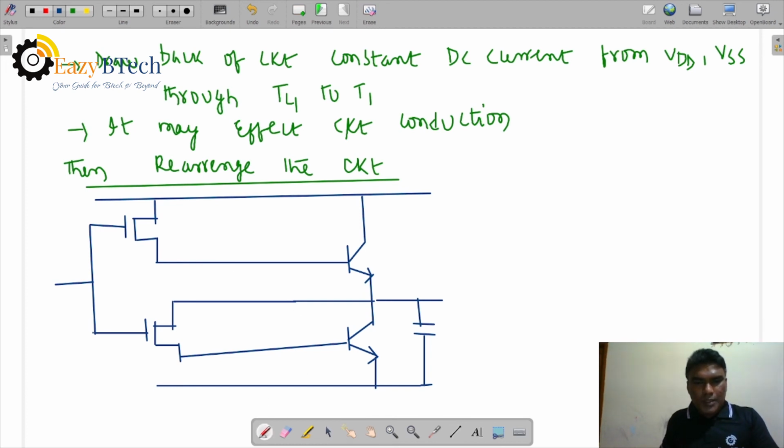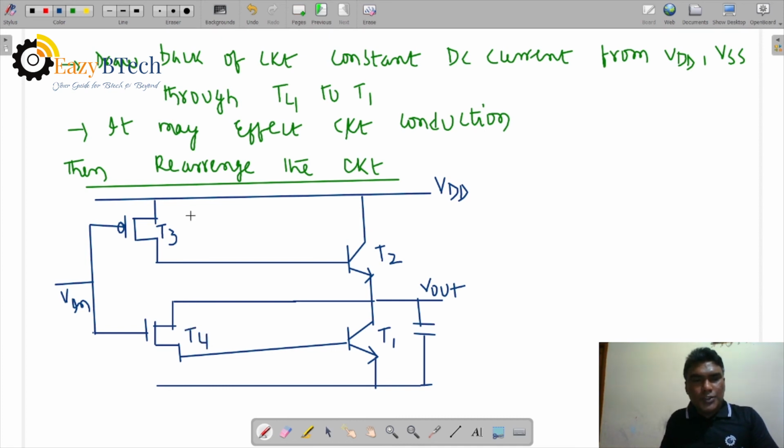Let us see this input, and this one is the output voltage. Transistor T1, transistor T2, and VDD. This is a PMOS transistor, and T3, T4.